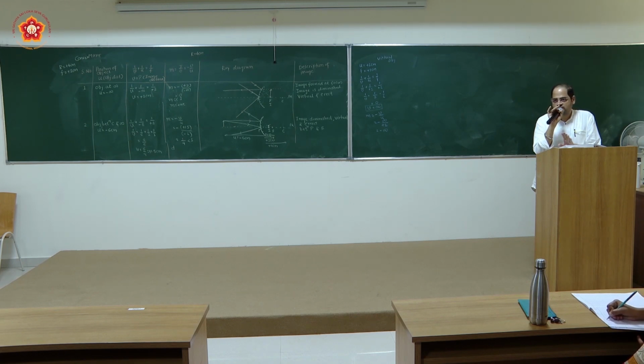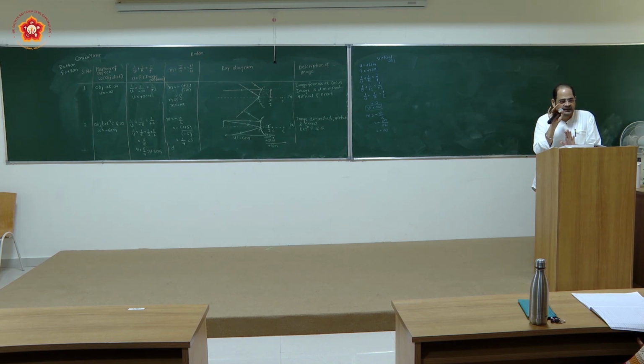Sure? Getting it? So a convex mirror always produces which type of image? Virtual image. And a concave mirror will produce a real inverted image, and if the object is between the focus and pole, then it will produce a virtual one. Are you all getting it clearly?